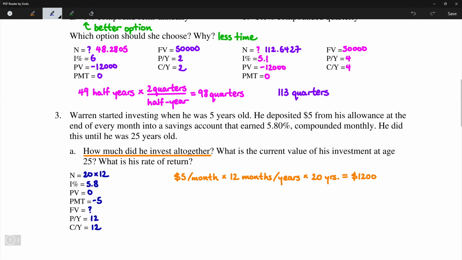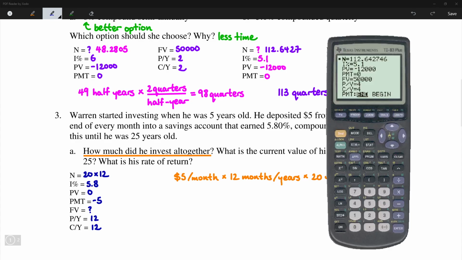Okay, so let's look at now the graphing calculator once again. Starting from the first value, we have 20 times 12, so that's 240 months. 5.8% interest rate, 0 for the present value, -5 for the regular payment, and then both the last two values are 12s.